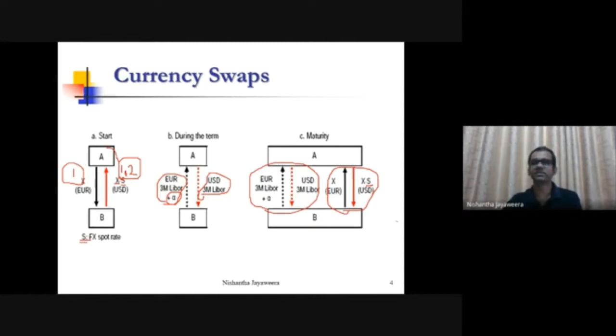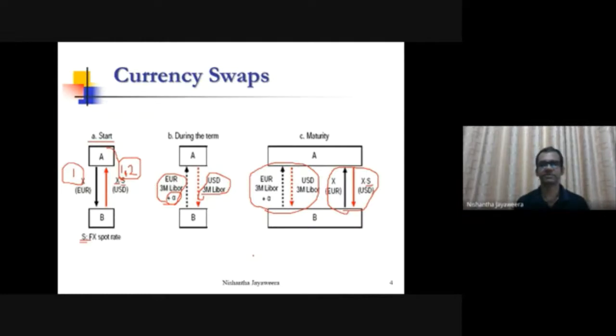Remember that. This S is the spot rate prevailing at the starting date, not at the maturity date. So this is the basic economics, or the concept, behind the cross currency swap.